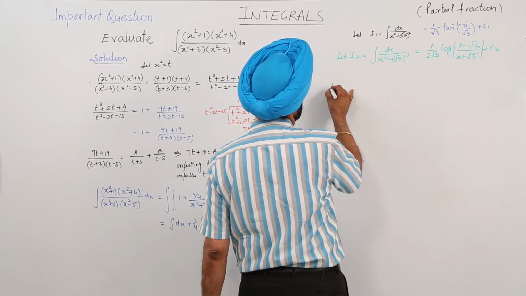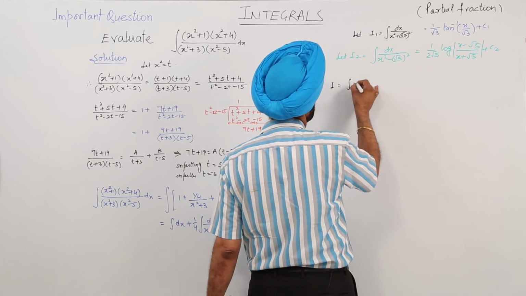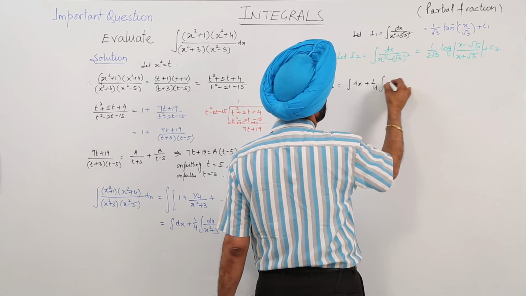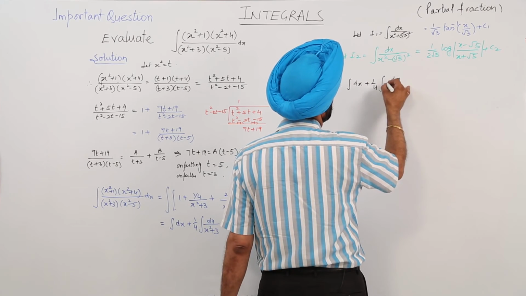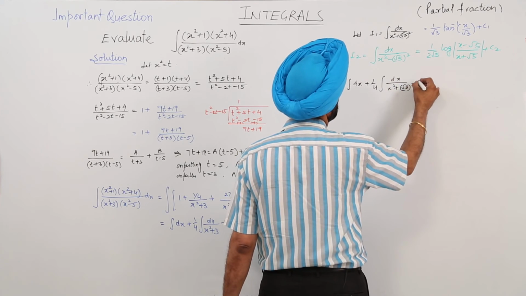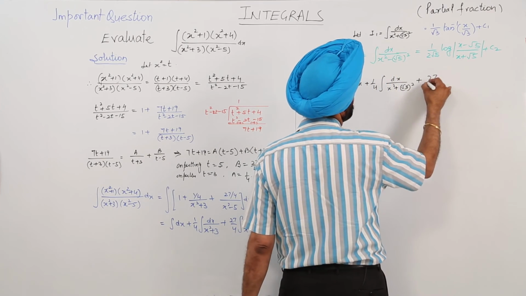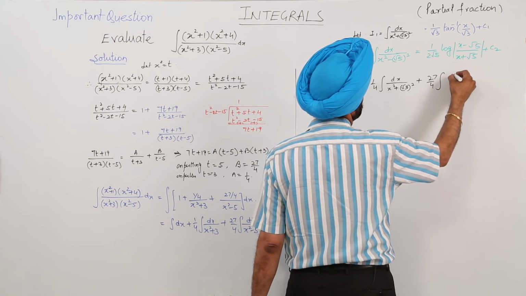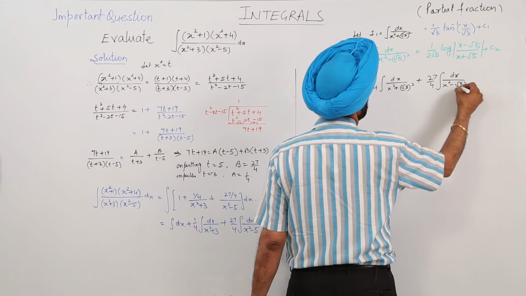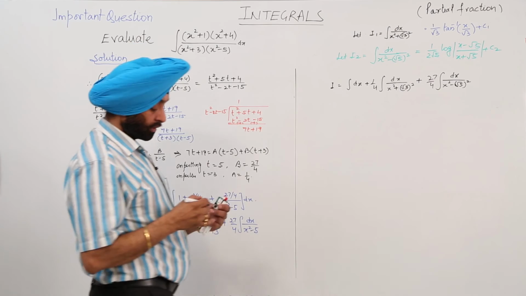Now we have integration of dx plus 1 by 4 integration of dx upon x square plus root 3 whole square plus 27 upon 4 integration of dx upon x square minus root 5 whole square. Now let's put the values.